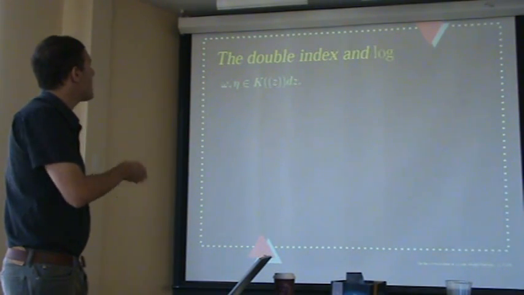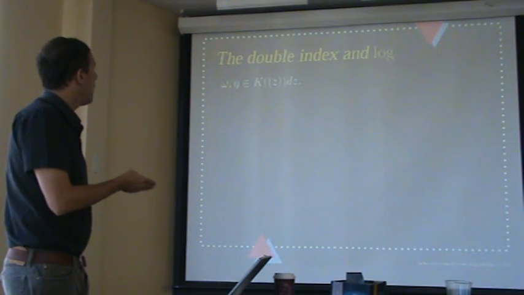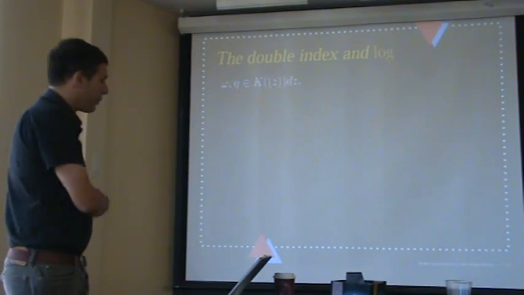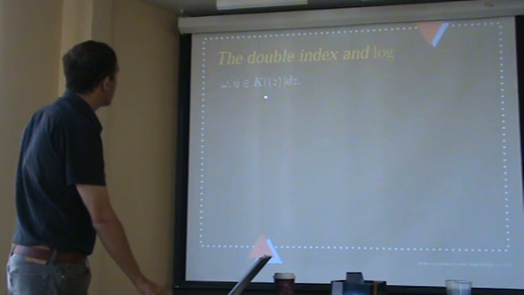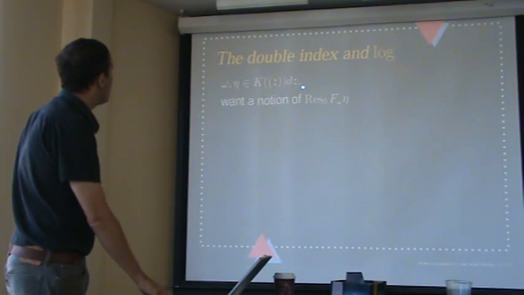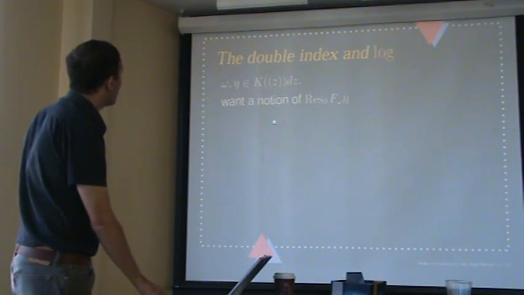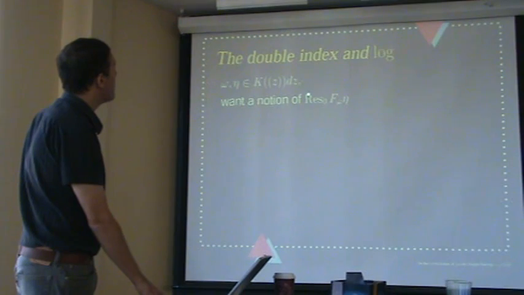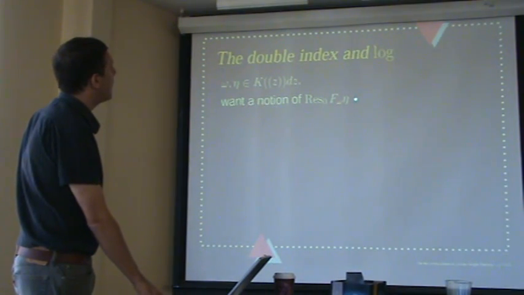So you just take a finite Laurent series in z, only a finite order of pole, times dz, and then what you want is to make a definition of the residue at zero of f omega times eta.